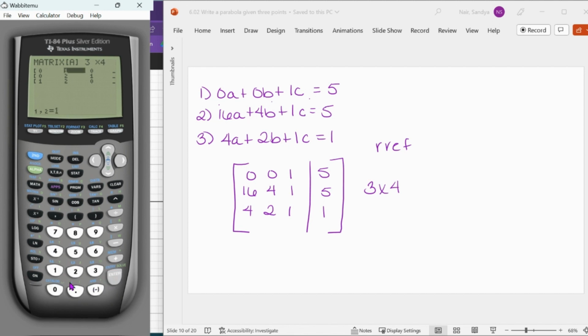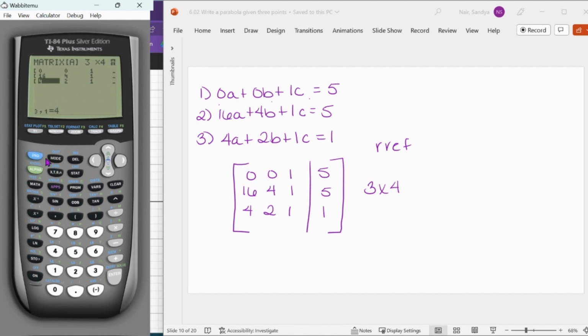So I have 0, 0, 1, and 5. And then I have 16, 4, 1, and 5, 4, 2, 1, and 1. Okay, so just remember to scroll back and make sure that everything looks correct.